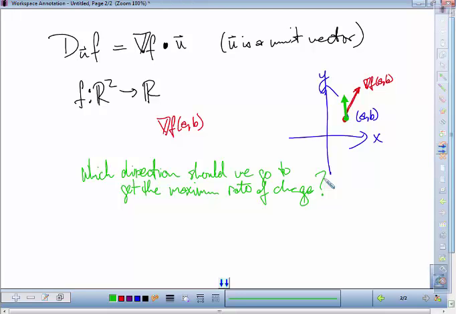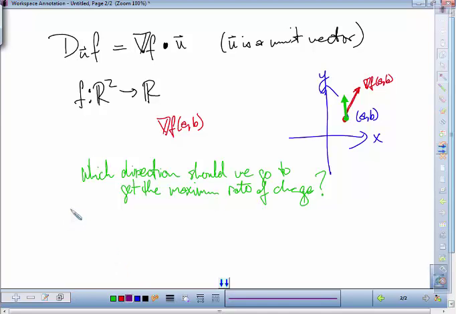And there's other directions where maybe you might go up, maybe you might go down. There's other directions you would walk where your height won't change at all. So this question is asking which way should you go to get the maximum rate of change.